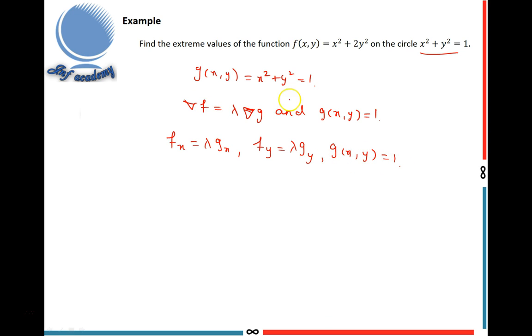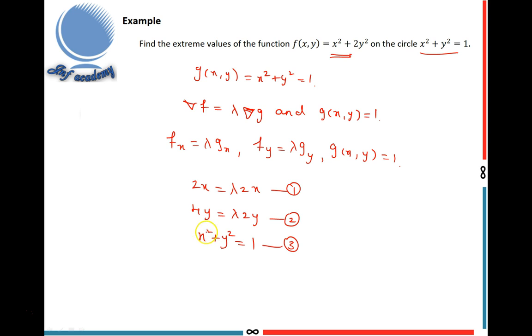Fx is 2x equal to lambda into gx, which is also 2x. This is the first equation. Next, fy is 4y equal to lambda into gy, which is also 2y. This is the second equation. The third equation is g of x, y, that is x square plus y square equal to 1.